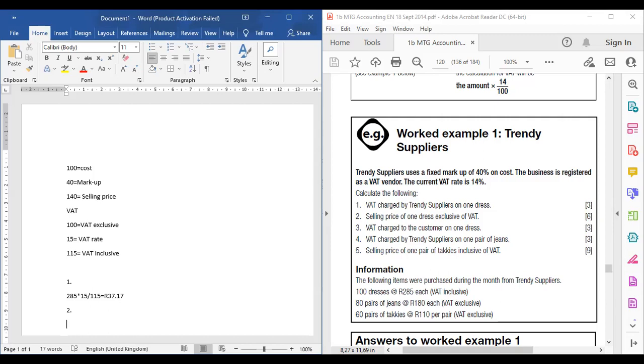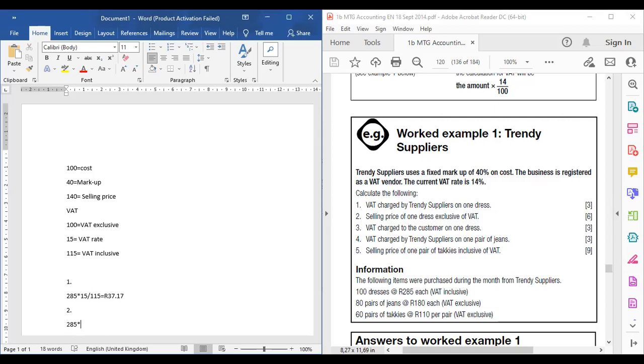We have VAT inclusive, we have 285 multiplied by what we are looking for, the selling price exclusive of VAT. We know that this 285 is a selling price because they say it's purchases during the month from trendy suppliers, and the business we're dealing with is trendy suppliers. So this is the selling price, 285 VAT inclusive.